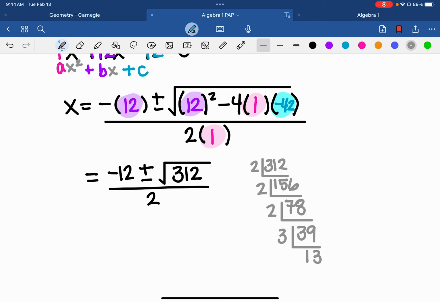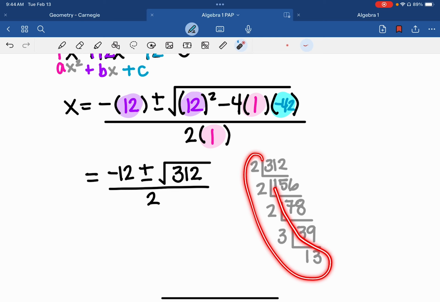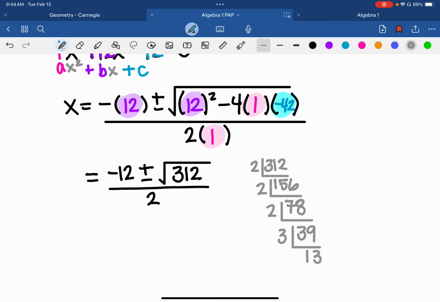13. There we go. So the rule is, as I prime factor, I can put the numbers on the outside right here. These are my primes. I can put them together in groups of 2 because we're doing a square root. So these two 2's get to come out of the square root. But the 2, the 3, and the 13 have to stay.